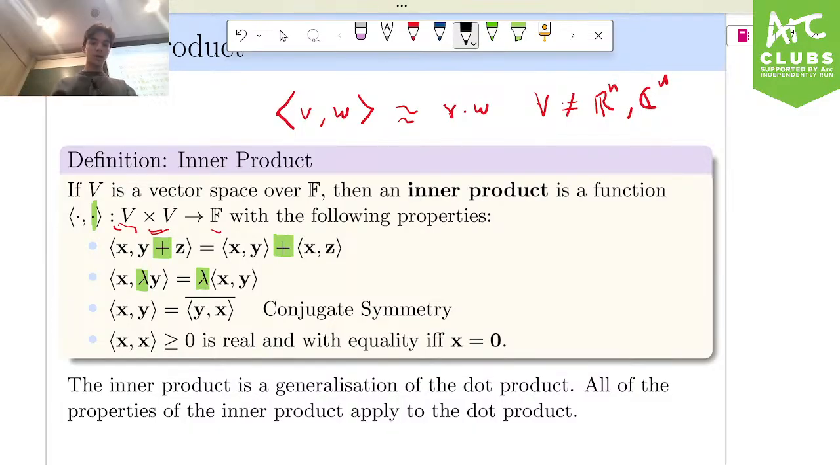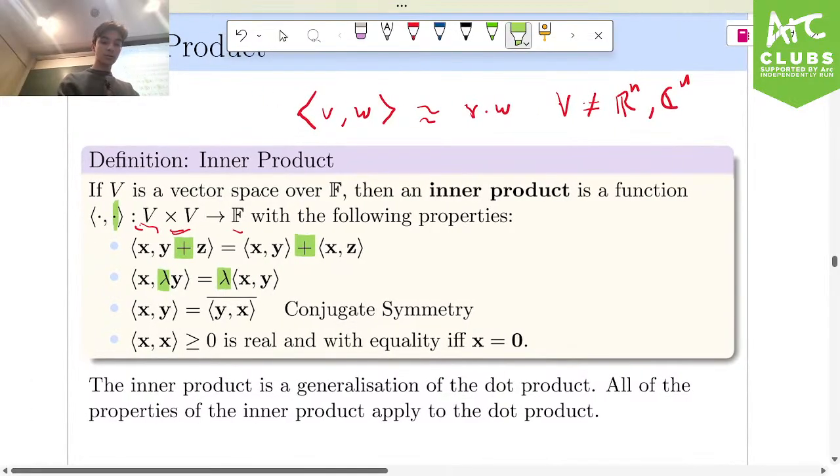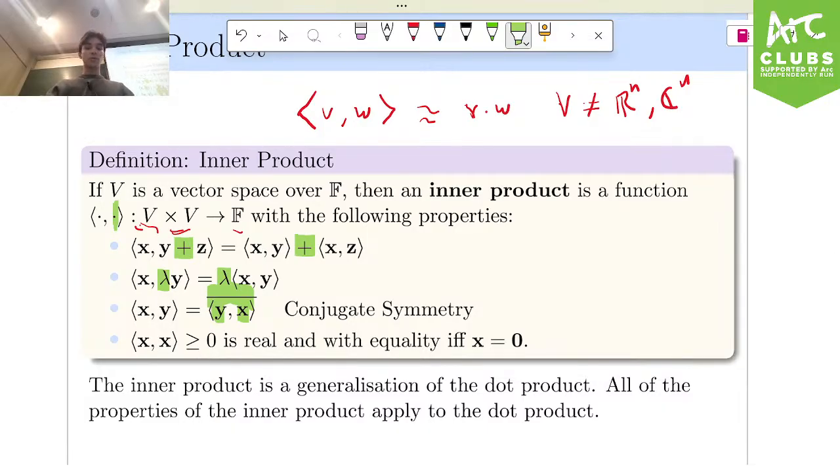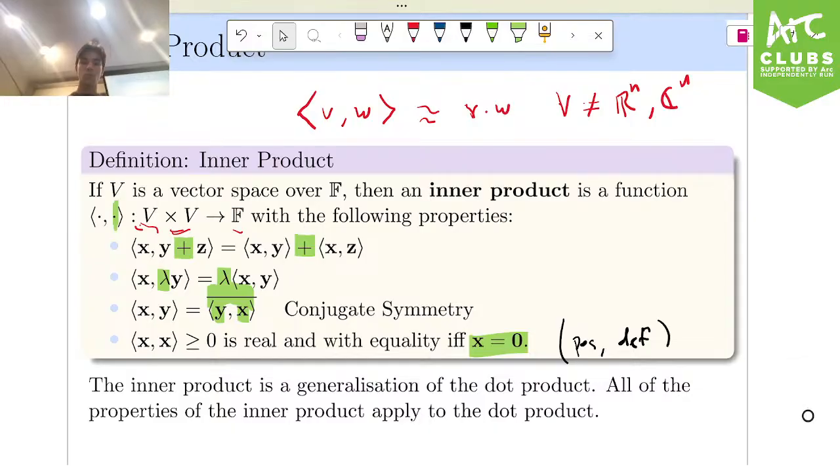The next of which is conjugate symmetry, right? So swapping the elements is equivalent to just taking the conjugate of the inner product. And last property, the inner product of a vector with itself always has to be greater than or equal to 0, real, and it can only be 0 if the vector is the 0 vector. We can summarize that with the term positive definite. Hopefully you've heard that before. Cool.